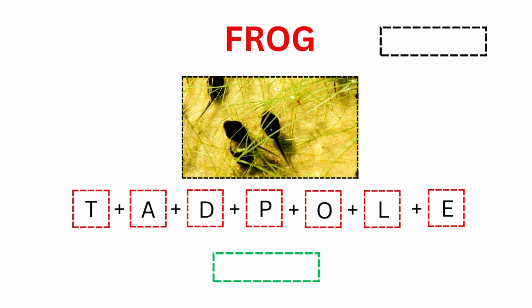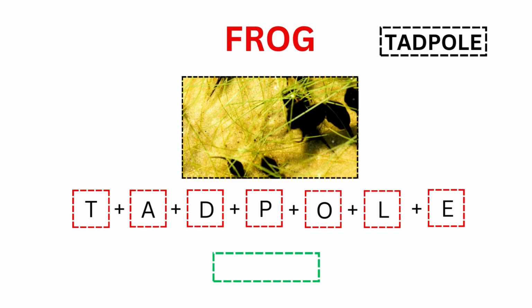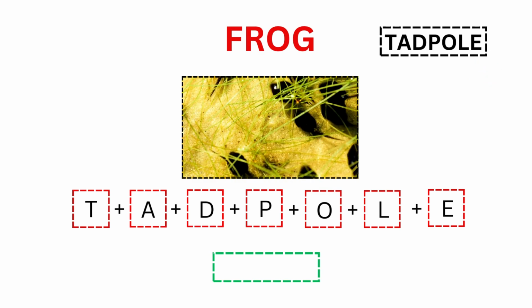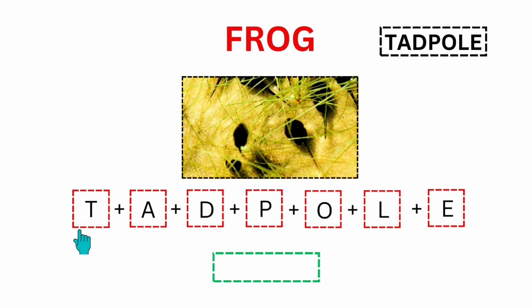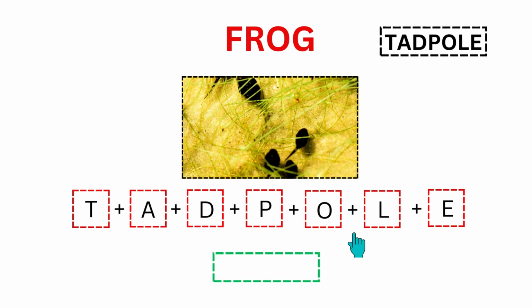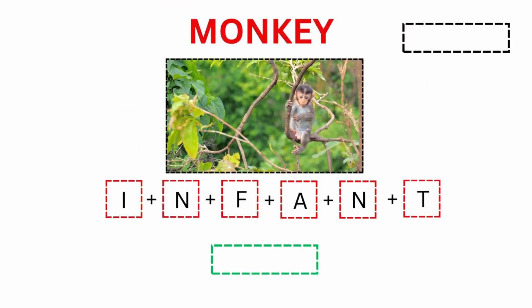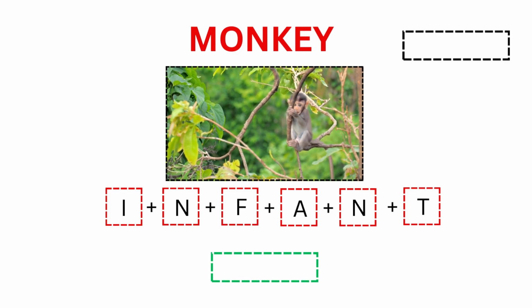A baby frog is called a tadpole. frog के बच्चे को tadpole कहा जाता है. TADPOLE, tadpole. Number 26 is monkey.